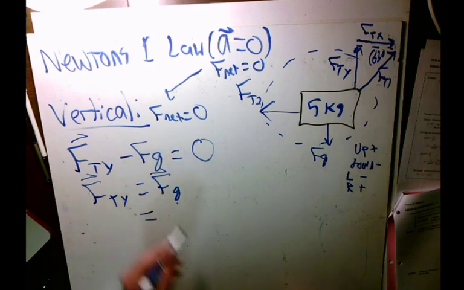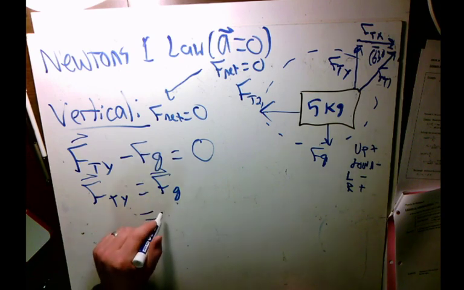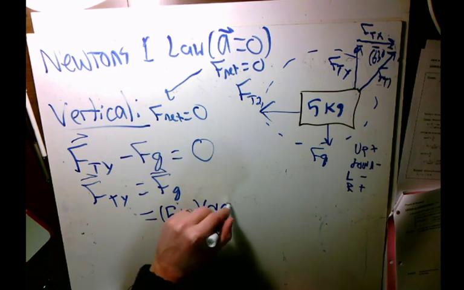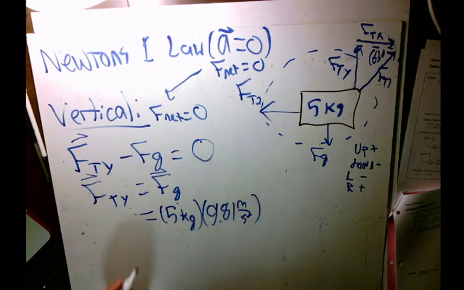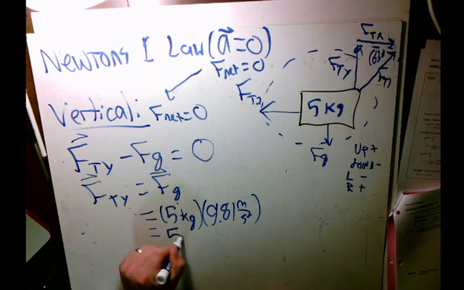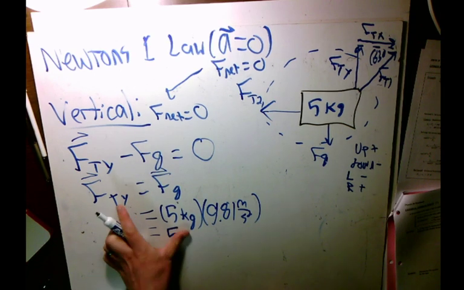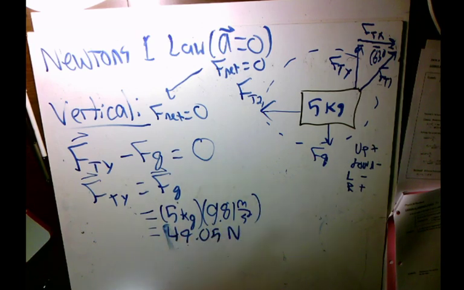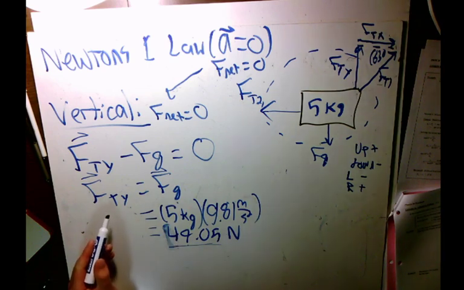And we know how to find force of gravity using the mass of the object and its acceleration due to gravity. So the force of tension in the vertical or y direction for this first rope is equal to 49.05. Right? 49 newtons is our vertical component.